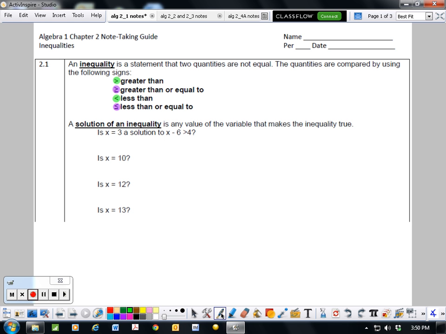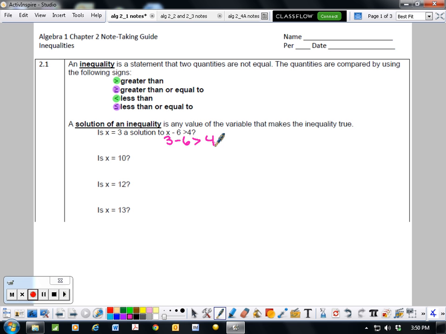And so when we start talking about what is the solution of an inequality, we want to know what value is going to make the inequality true. So when I'm asking, is x equals 3 a solution to the inequality x minus 6 is greater than 4, I plug in the number 3, and I check to see if it's true.